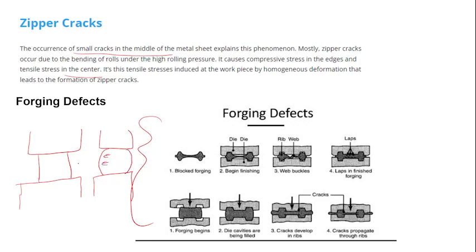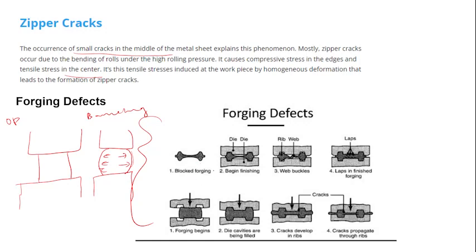Then your material will start flowing and this kind of shape will form. This kind of defect we call barreling. This defect is common for open die forging. This is open die forging.